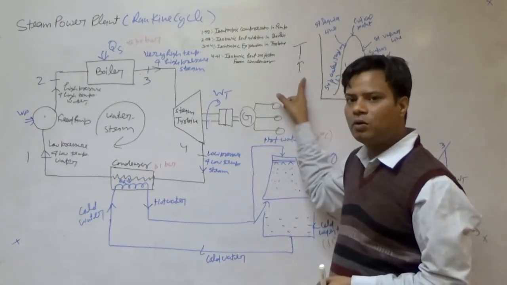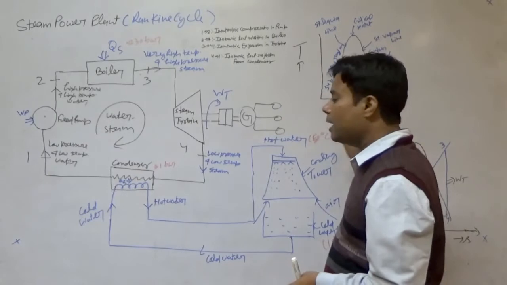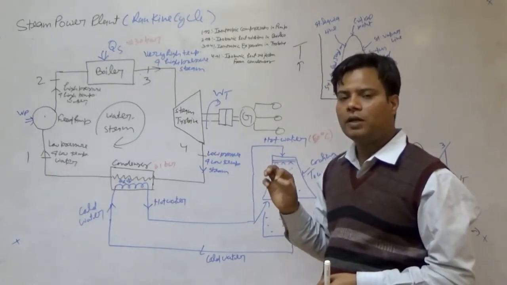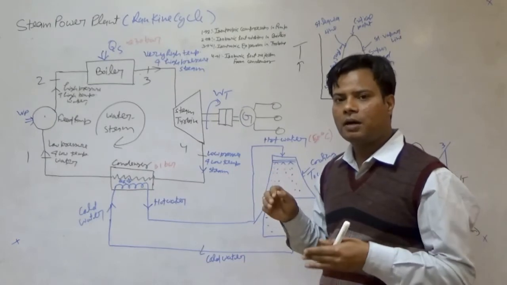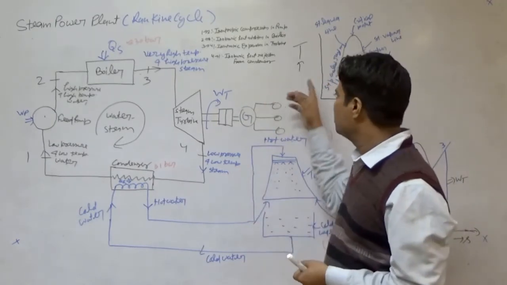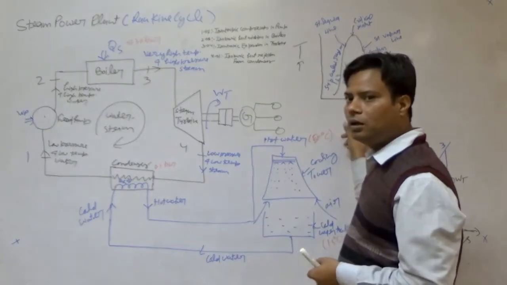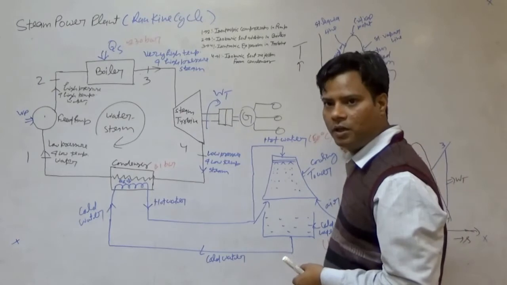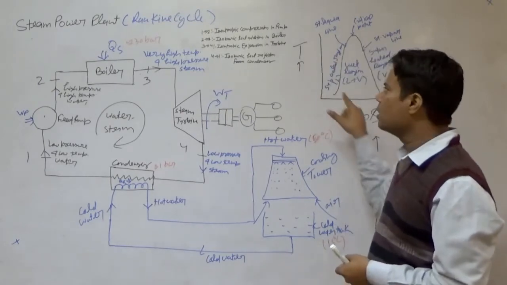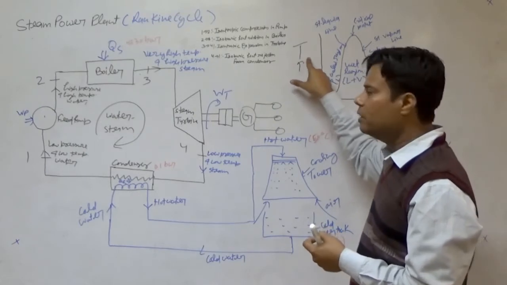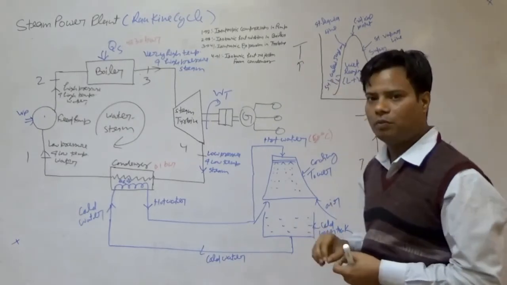Temperature is an intensive property, and entropy is an extensive property, but if we divide it by the mass, it becomes independent of the mass and becomes an intensive property. That's why we are using specific entropy here. This graph is drawn between temperature and specific entropy.